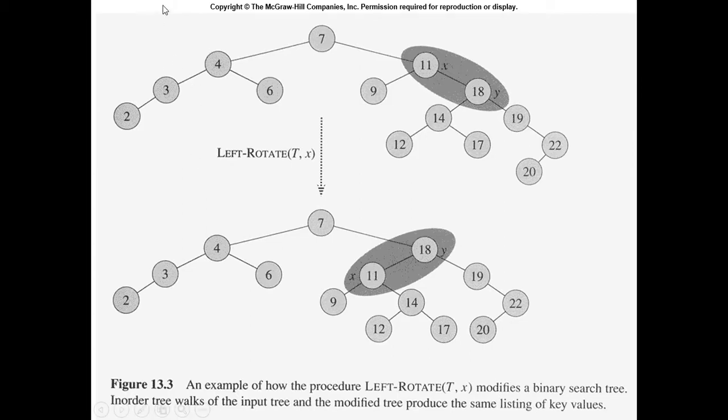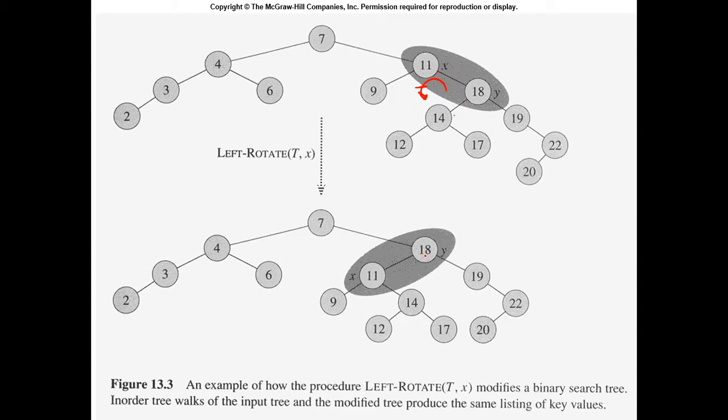So you can probably take one tree here. You have a tree like this. In this, let us say you want to apply a left rotation on x. When you apply a left rotation on this, what happens? This 18 will occupy 11's position, and this 14 will go to the right of 11, and 11 comes to the left of 18.